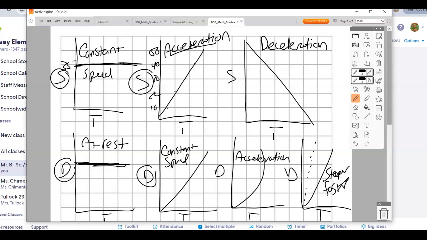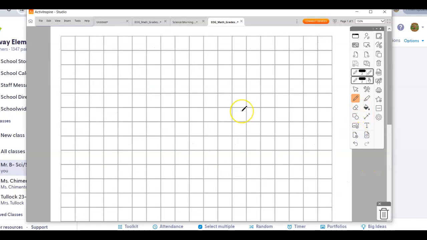Now, they're going to take all of this information and they're going to start changing things up a little bit on a Sophia.